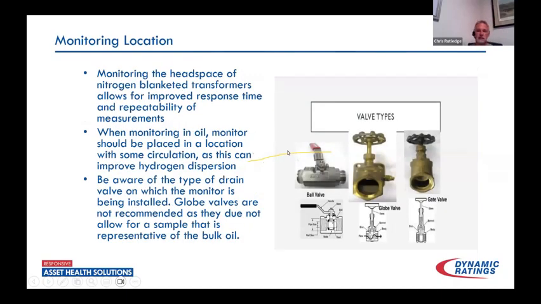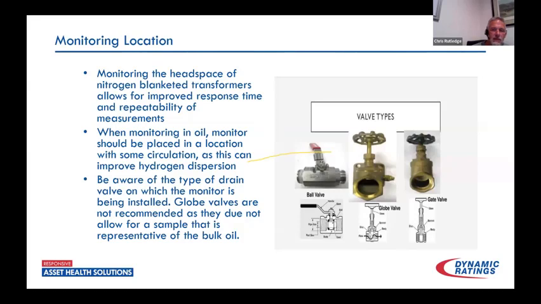So another thing to consider is types of valves. What type of valve are you going on? So if we have a gate valve on a transformer, or excuse me, a globe valve, which is typical, that also greatly slows down this migration.